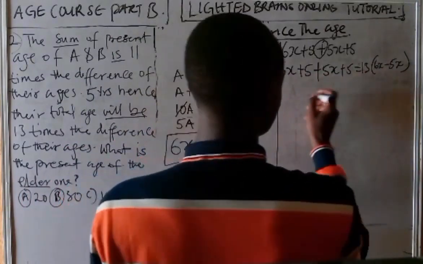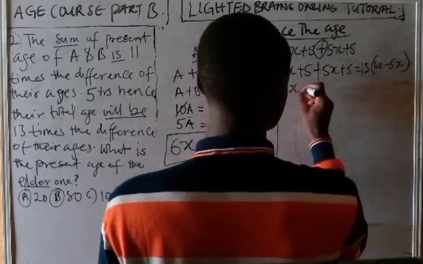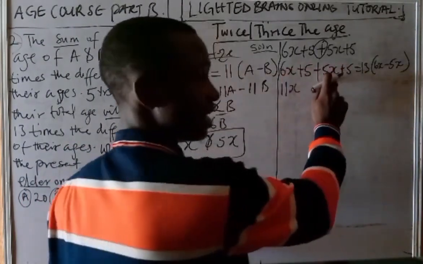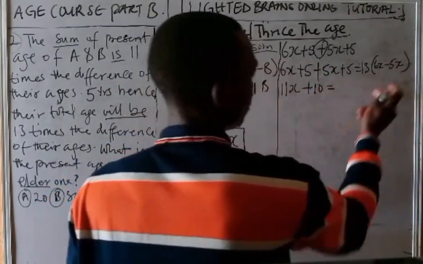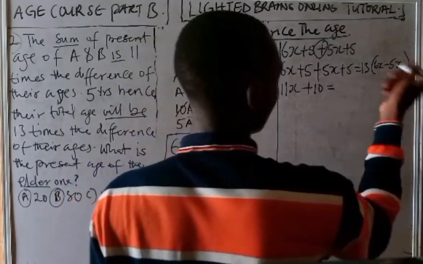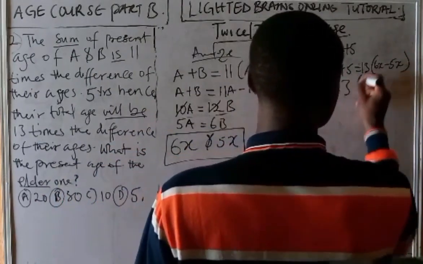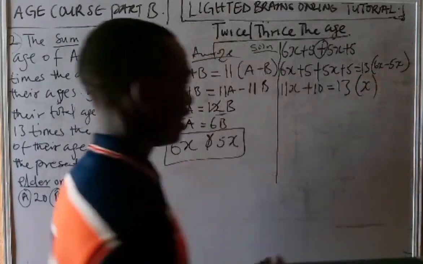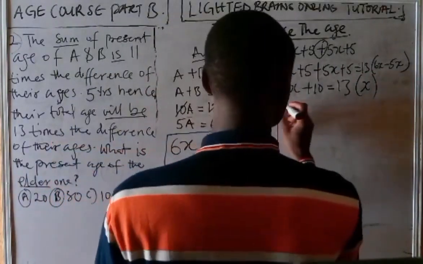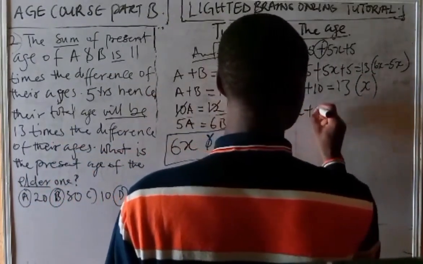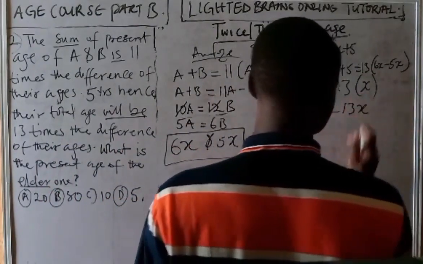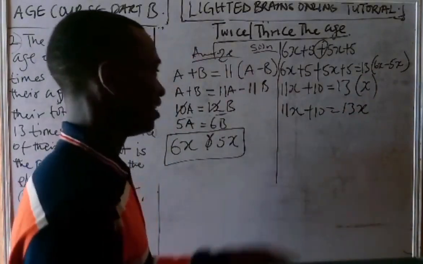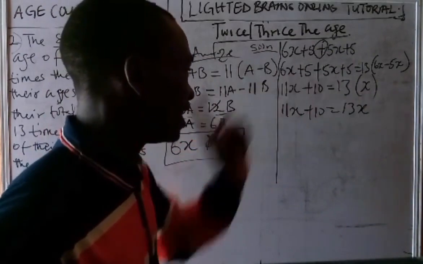So when we collect terms, 6x plus 5x gives us 11x plus 10 is equal to; 6x minus 5x gives us x, so 13 into x. I believe you understand now. So this is 11x plus 10 is equal to 13x.